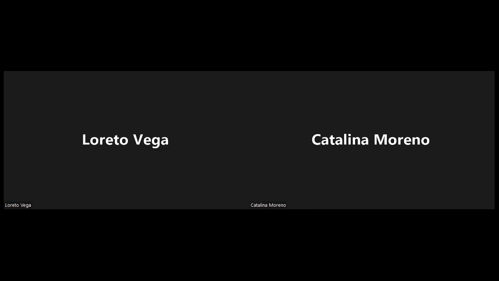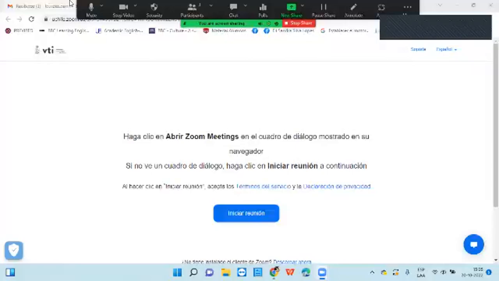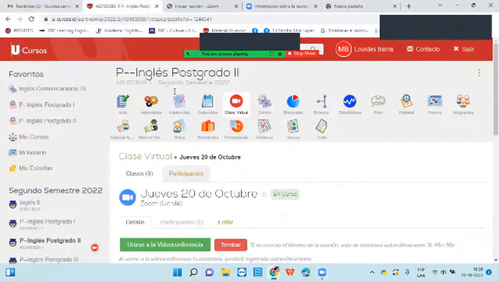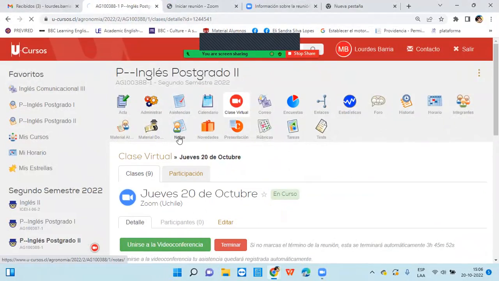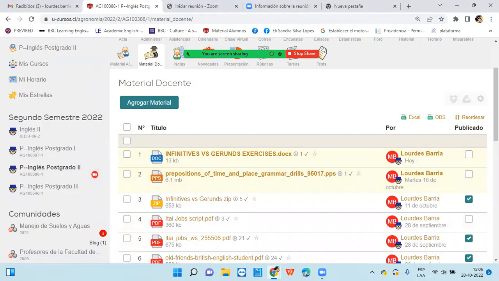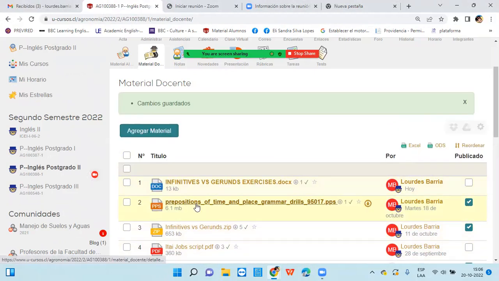I'm going to share my screen. I would like to show you something that I have uploaded to all three levels because I think it's important. I was sure that I had uploaded it and I hadn't. Please go to Material Docente and download a file called Prepositions of Time and Place.